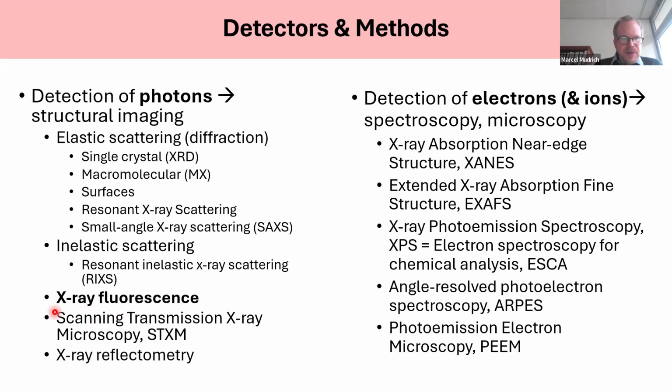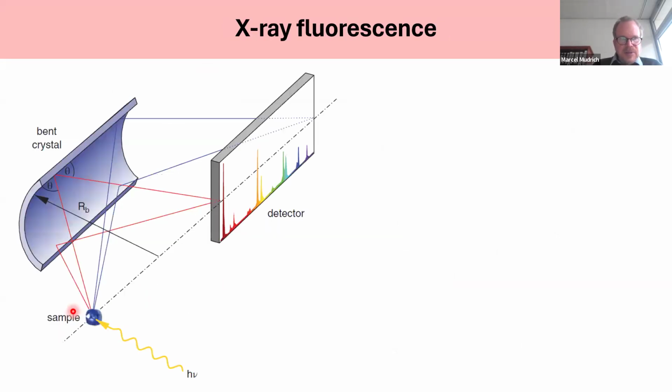So one straightforward signal is to detect fluorescence light. This is a straightforward experiment in the sense that the radiation from synchrotron or XFEL is sent on a sample, and then since this is highly energetic radiation, mainly inner shell electrons are excited or ionized.